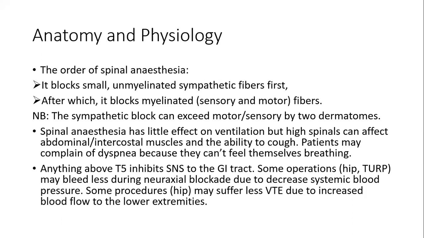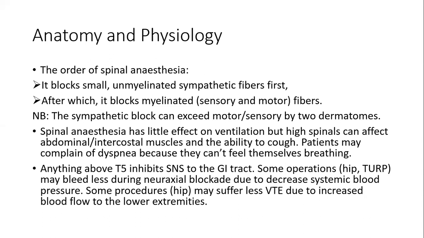After which the myelinated fibers are blocked, which transmit sensory and motor. And this is very important: the level of sympathetic block can actually exceed or be higher than the motor and sensory block by 2 dermatomes.